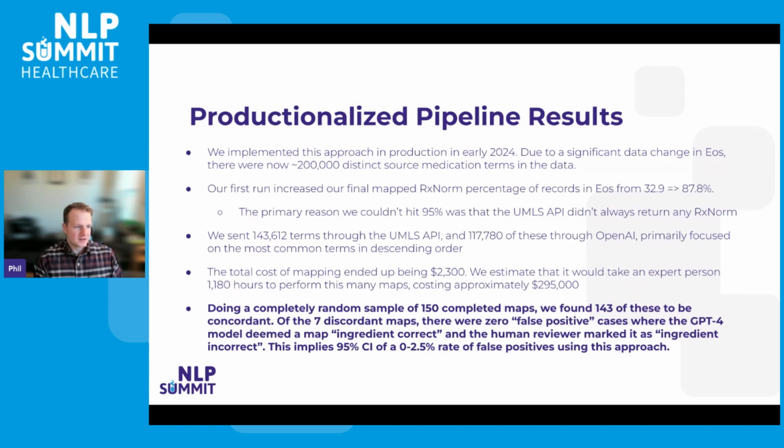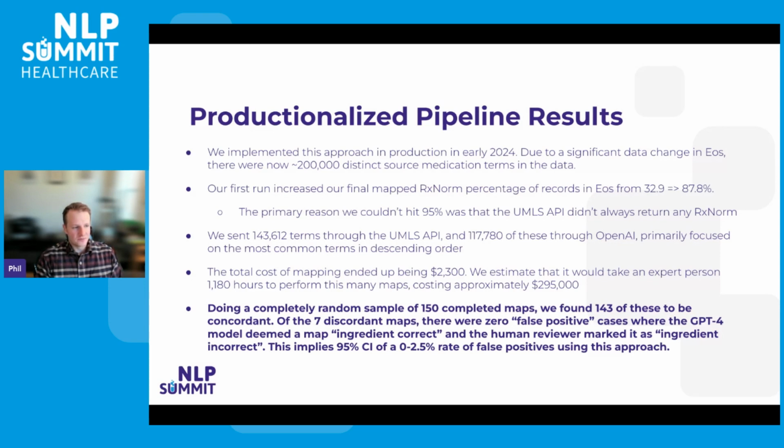Based on the success of the 1,000 terms that we initially sent through this process and our creation of this approach, we actually did apply this to the full data in early 2024. By this point, due to some changes in the underlying data set, there were more than 200,000 distinct source medication terms.